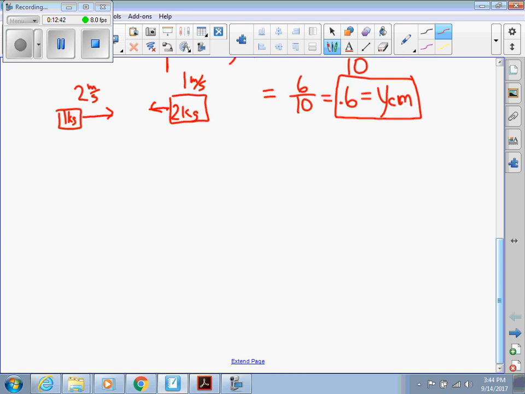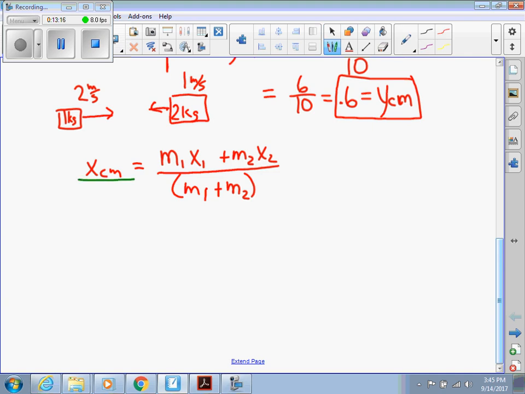The center of mass would be the mass of the first object times the position of the first object, plus the mass of the second object times the position of the second object, divided by the mass of the first object plus the mass of the second object. So this is what we said before. But if we want to look at the velocity of the system, we could take the position of the center of mass and see how it changes over time.